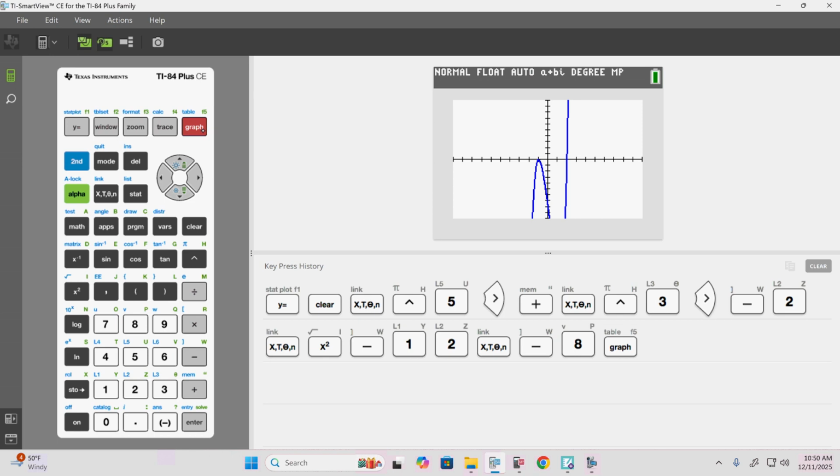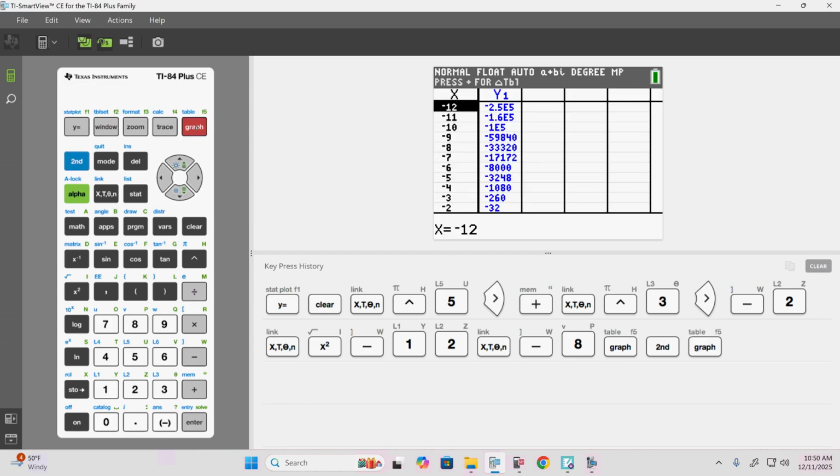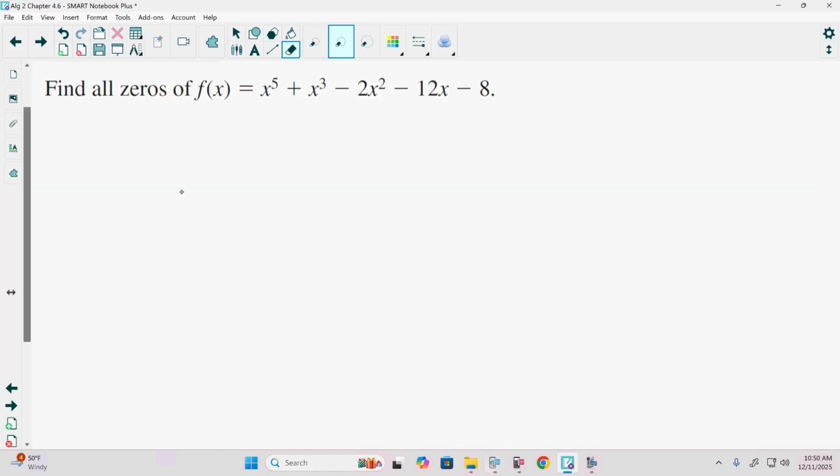We do see that it touches the graph at -1 and crosses it at 2. Again, when we graph it, we're looking for what value of x will make the y value be 0. So we do have -1 and we have 2.